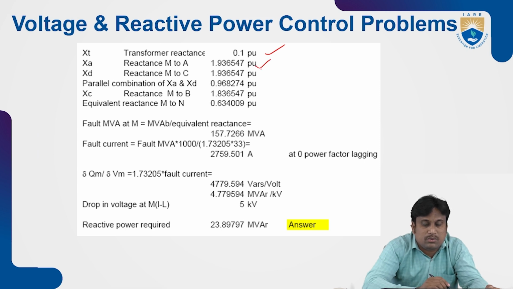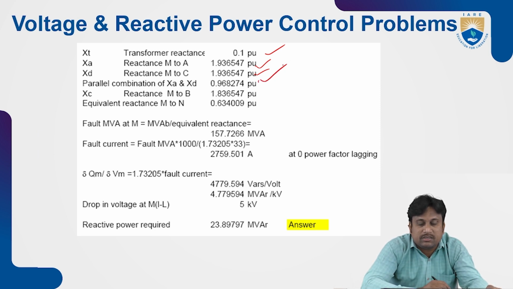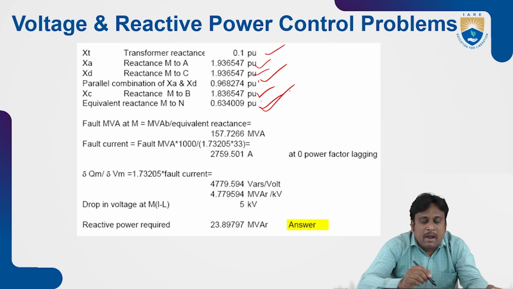Reactance from M to A is 1.93, M to C is 1.936, all in per units. The parallel combination of XA and XD is 0.968. Reactance from M to B is 1.83. The equivalent M to N is 0.634.